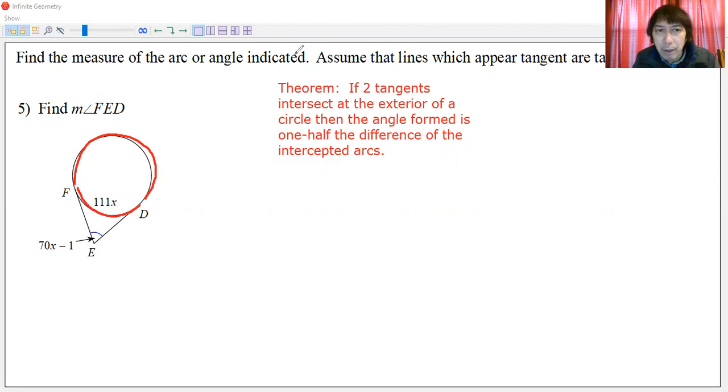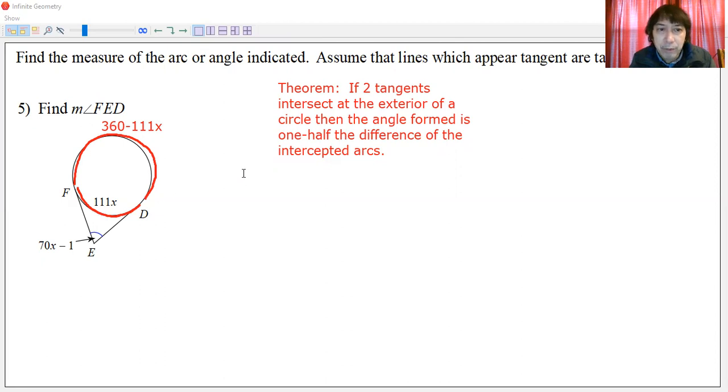And so we shall have the bigger arc marked 360 minus 111x. There. That will be the expression for the bigger arc. One full circle minus the given arc will be the bigger arc.